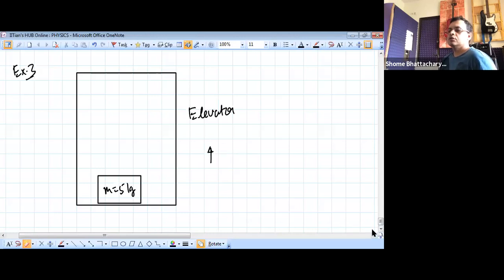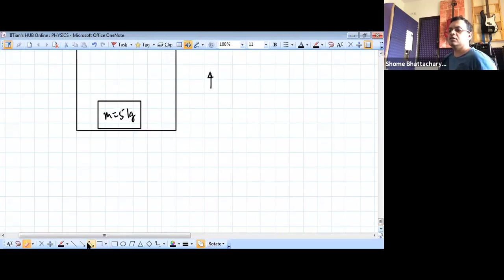Okay. So now the question is saying, take g equal to 10 meters per second square.